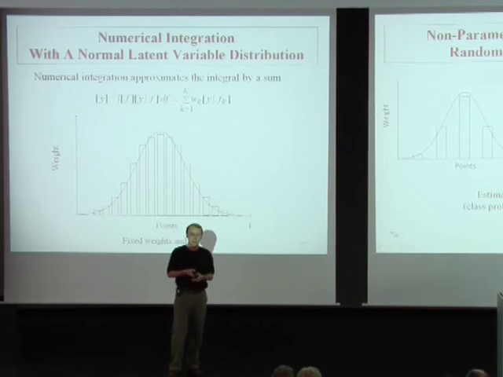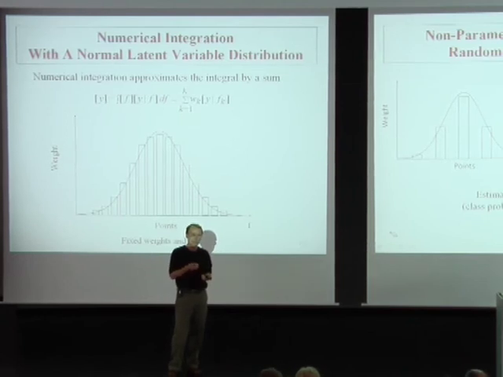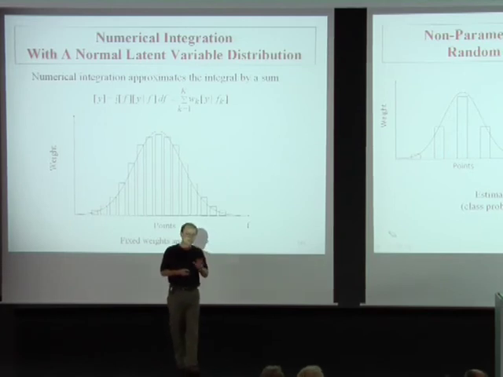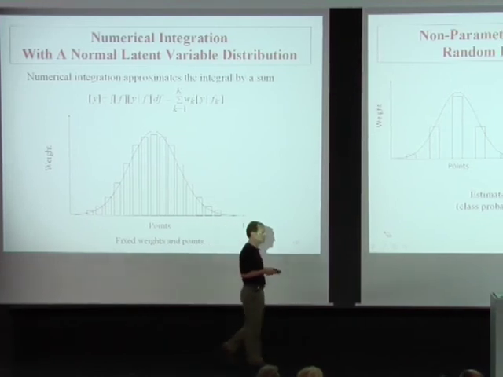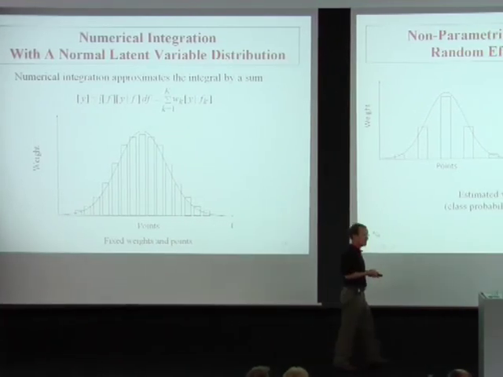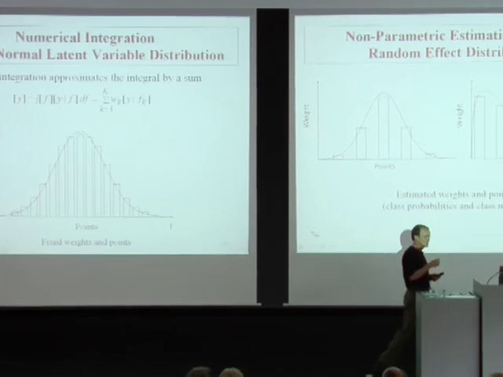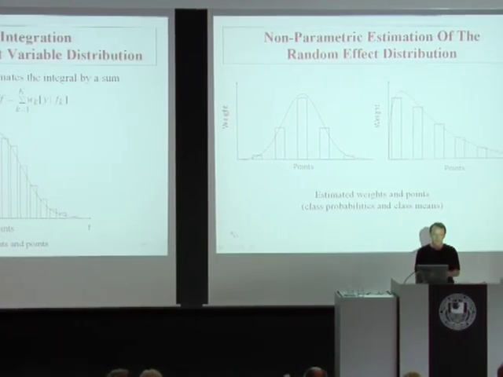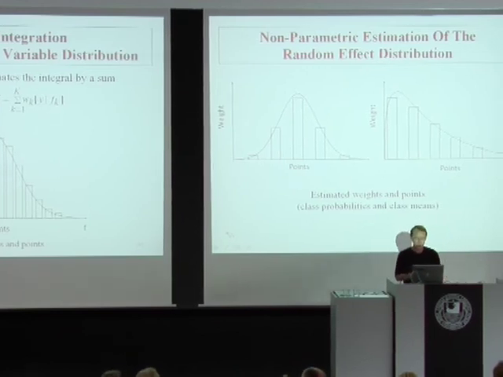We talked about the last one yesterday at the end, that sometimes you do not want to assume that the latent variable is normal, but you want to estimate its shape. Maybe it's very non-normal, and we said that we could do that, approximated by a histogram. So let me give you at least those connections, even if we don't get into all of the technical details of numerical integration.